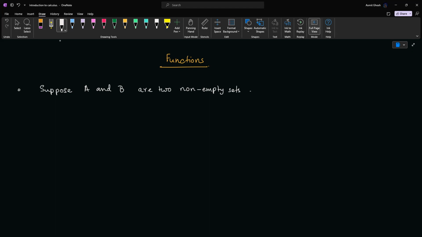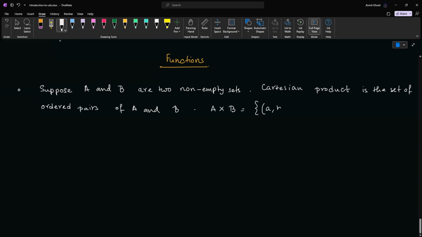Then the Cartesian product is the set of ordered pairs of A and B, which is A cross B, equal to (a, b), where a belongs to capital A and b belongs to capital B.